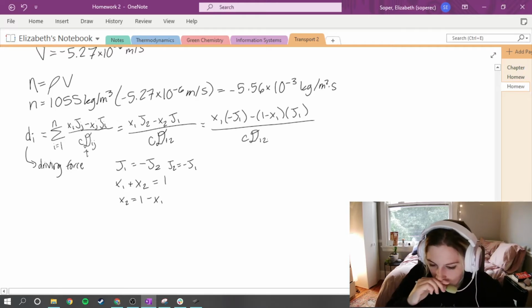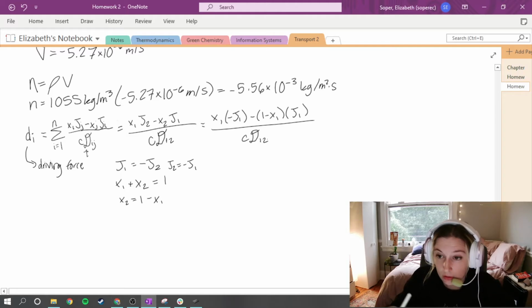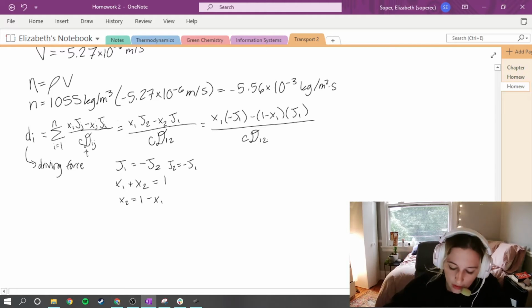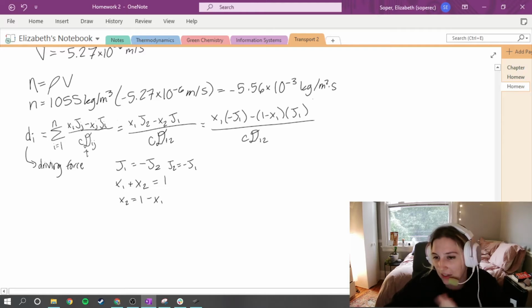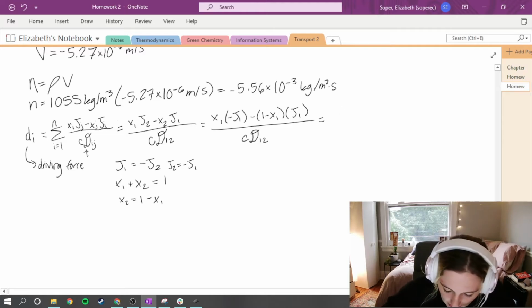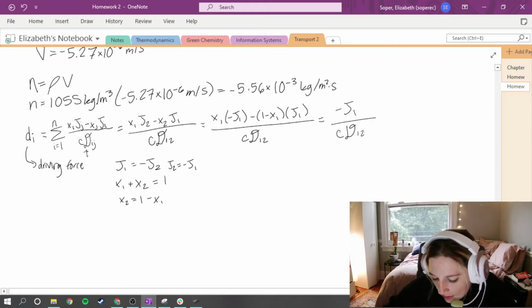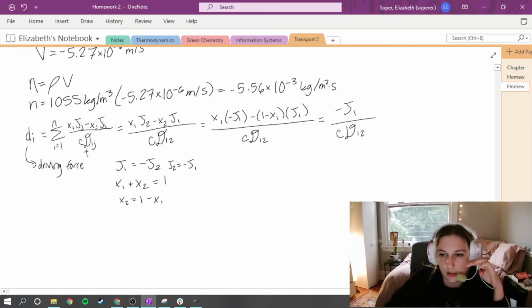All right, so now we have simplified it down a lot, so a lot of the stuff can really end up looking a lot prettier. So this will simplify down to negative the molar diffusive flux of 1 over the molar concentration times the Stefan-Maxwell diffusivity.